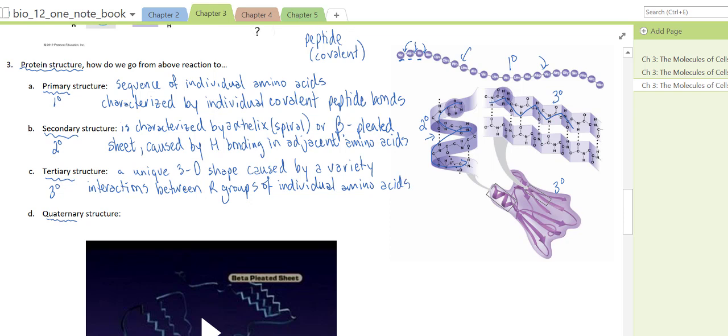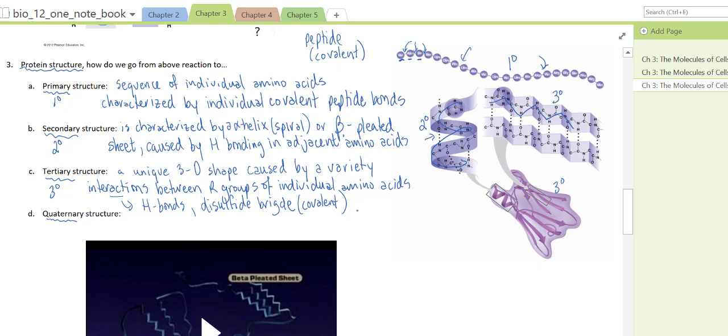These interactions could be hydrogen bonds. They could be a particular type of bond called a disulfide bridge, where a sulfur in one R group of an amino acid strongly attracts a sulfur in another R group and forms a very strong covalent bond.